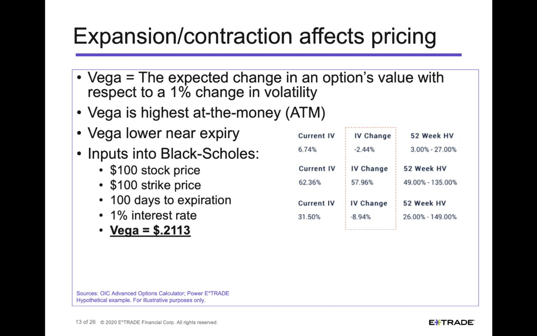Vega is the expected change in an option's value with respect to a 1% change in volatility. Go back to that Tesla example. It was trading with a volatility upwards of 160. If the average volatility was 80, we could say this is very high.